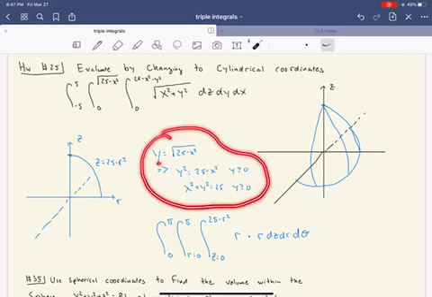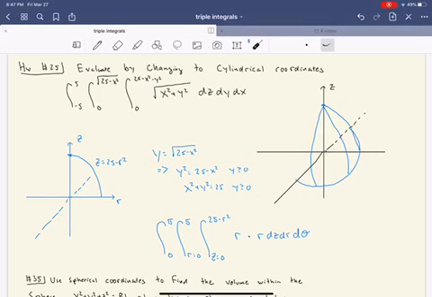If we take y equals 25 minus x squared, that's equivalent to y squared equals 25 minus x squared, or x squared plus y squared equals 25, with the caveat that y is positive. So it's this circle in the xy plane, and it's just half of it. That's where I'm getting that from.